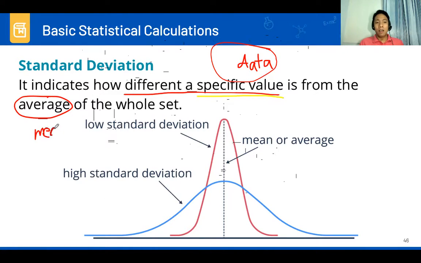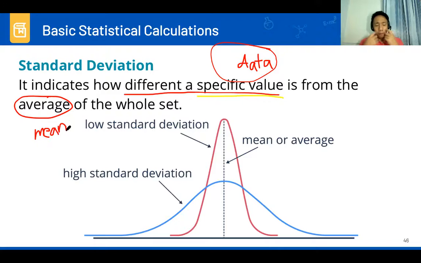So, ipapaliwanag ng standard deviation kung gaano kalayo, kung gaano kalapit, okay, yung mga data doon sa ating average or yung pagbabasihan natin na true value.